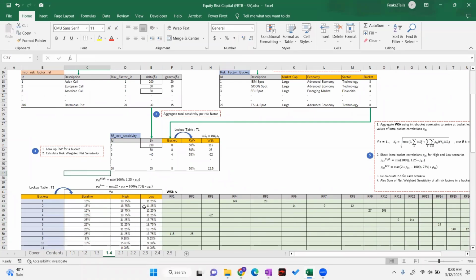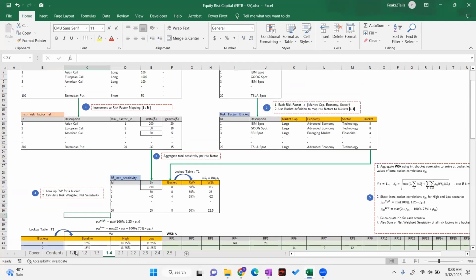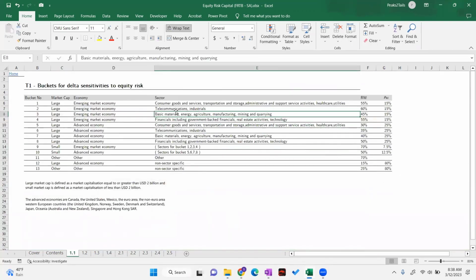And there is a question: is it a good assumption to consider the same correlation among all risk factors as long as they are within the same bucket? Yes. Within the same bucket, they are all similar. Look at the bucket definition. We're talking about, let's say, telecommunication and industrials. The bucket definition is coming from the regulator. They must have done lots and lots of regression correlations and grouped them together.